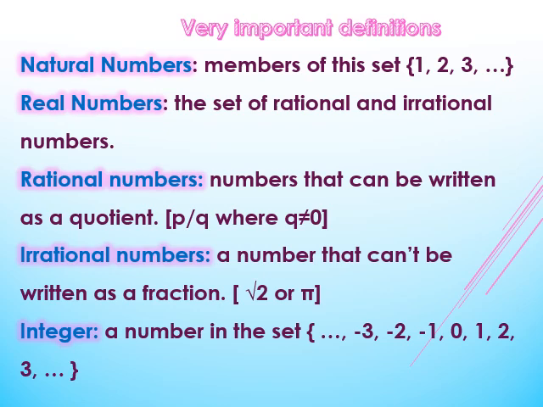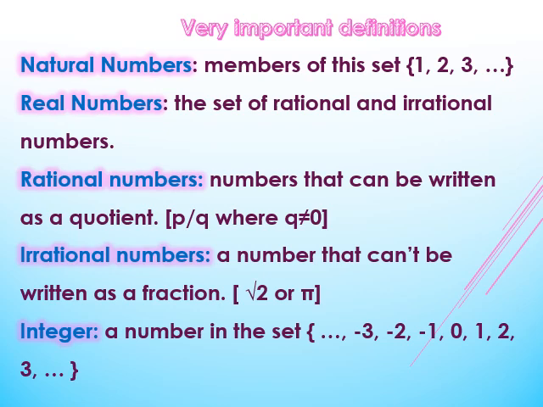Then we move to the definition for the real numbers. The real numbers are the set of rational and irrational numbers. I mean that all rational and all irrational numbers are included in the real numbers. So we ought to differentiate between rational numbers and irrational numbers.